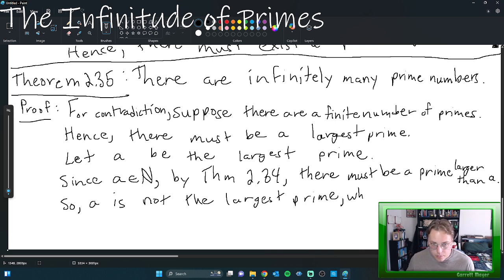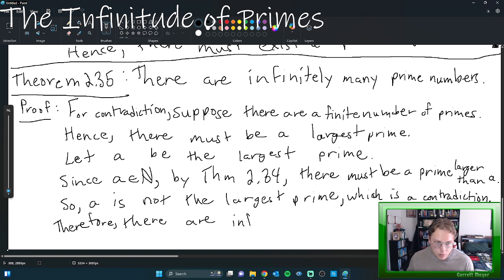Which is a contradiction. Therefore, there are infinitely many prime numbers. Nice. So this is the proof of there being infinitely many prime numbers.